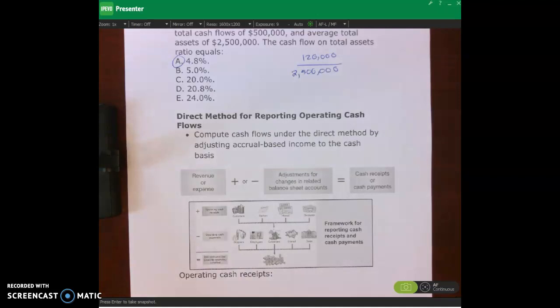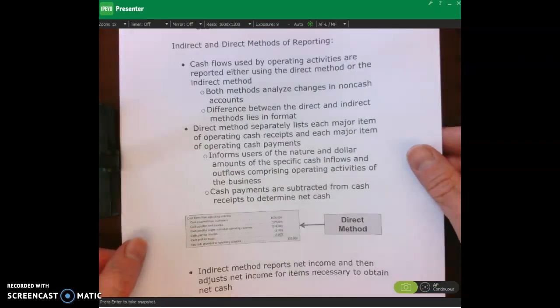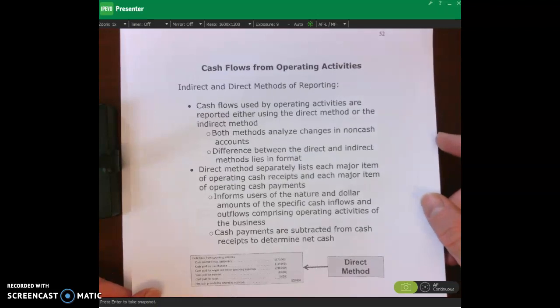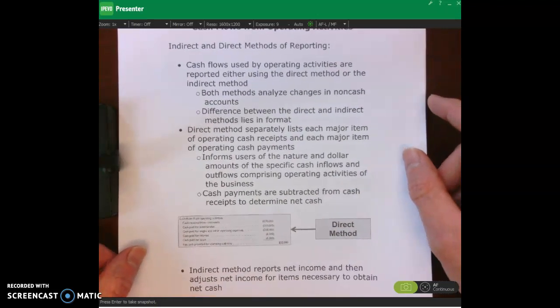Okay, so if we were to go back in our course pack and look at this page, cash flows from operating activities, and we looked at the direct method.